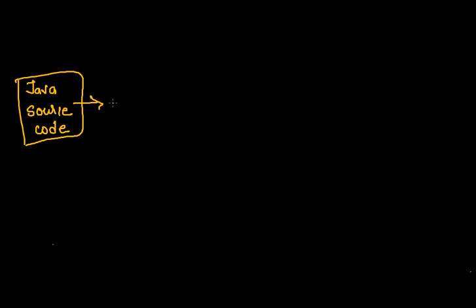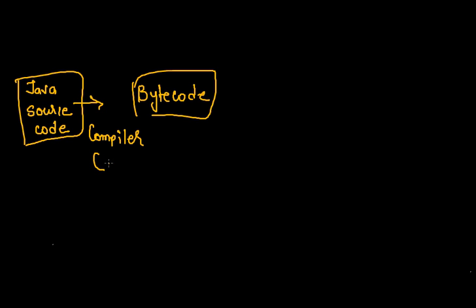This Java source code will be converted into bytecode, and this will be done using the compiler, or you can say javac. This bytecode will be converted into machine code. Now this is the problem. Now there could be different JVMs.